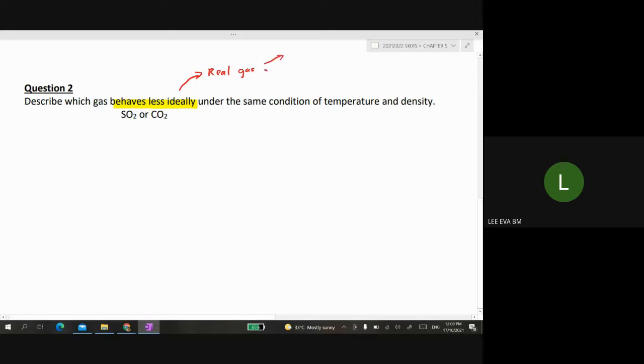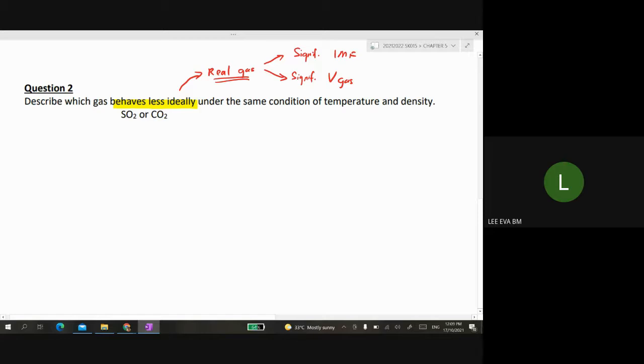So tell me about its intermolecular forces and the volume of the gas. Is it significant or negligible? Significant. We want significant intermolecular forces as well as significant volume of the gas particles, because we want it to behave less ideally, we want a real gas.